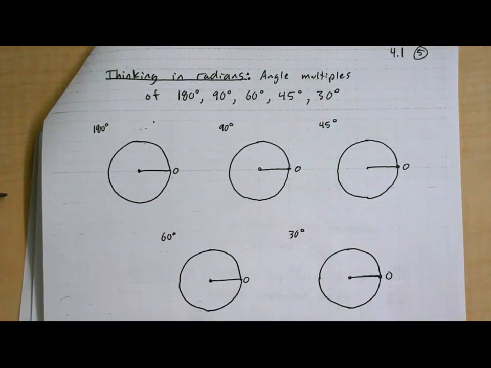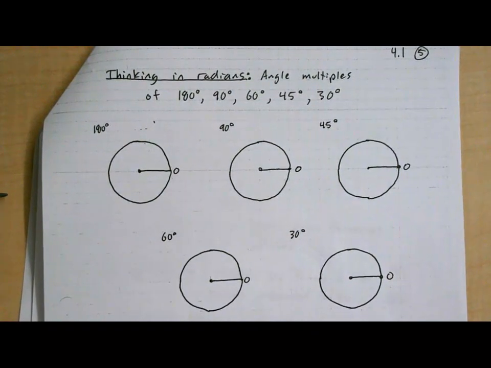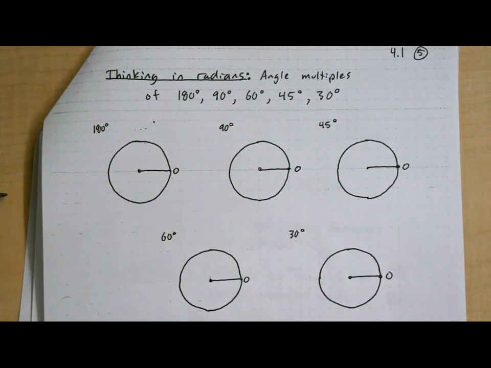The angles that I'm going to ask you to measure or convert between in these memorization quizzes will be all of the angles on the unit circle, from 0 to 360, that are multiples of 30, 45, and 60. I guess 30 and 45 would be sufficient, because anything that's a multiple of 30 is going to be a multiple of 60.